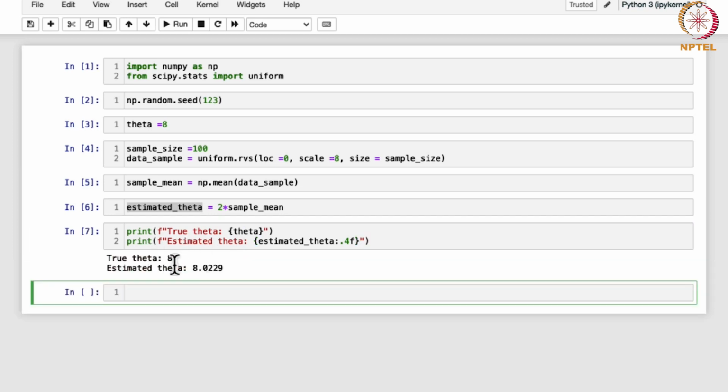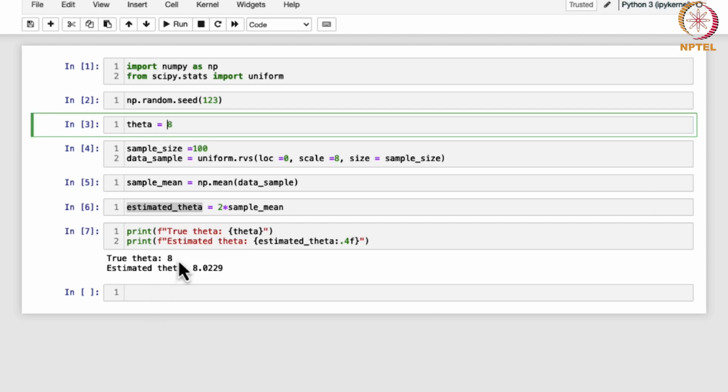So what you can see from here is that the true theta that we took over here is 8, and the estimated theta, that is twice the sample mean, is 8.02. So you can see that it is very close to the population parameter. So it also shows you that if you want to estimate the population parameter using method of moments, then whatever estimation that you are doing will be very close to the population parameter.